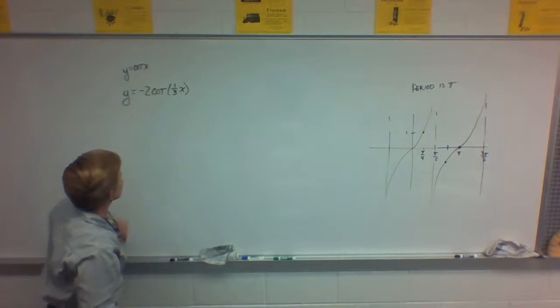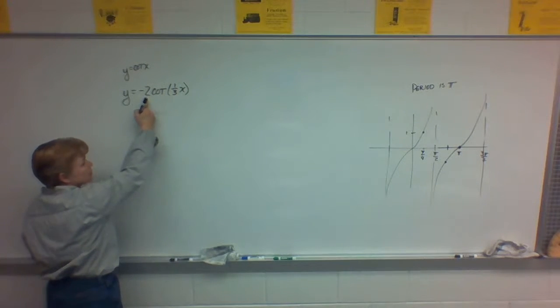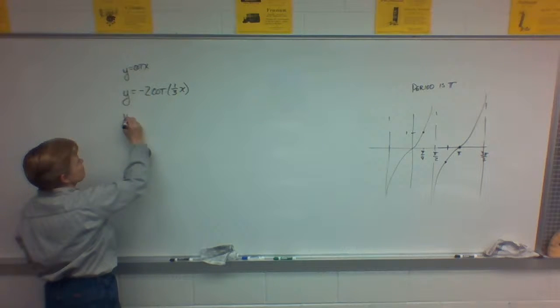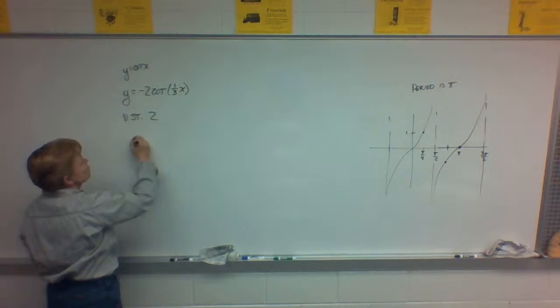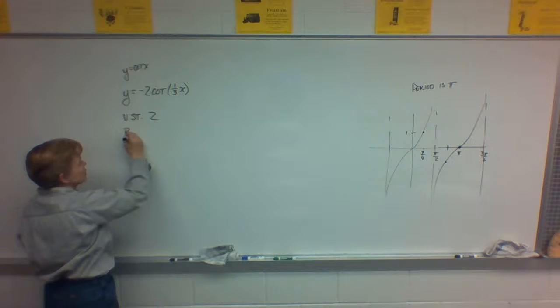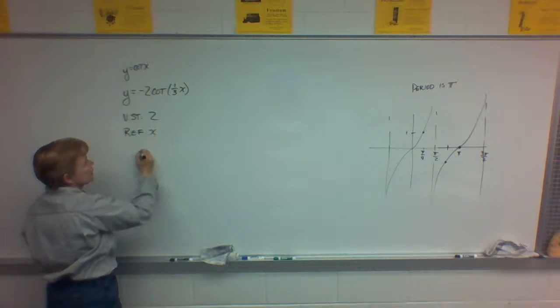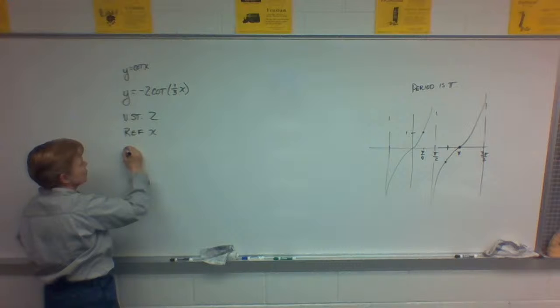So right down here, what am I going to write to remind myself of this? Okay. Vertical stretch of 2. What else? Reflected over the x. And the period is what?